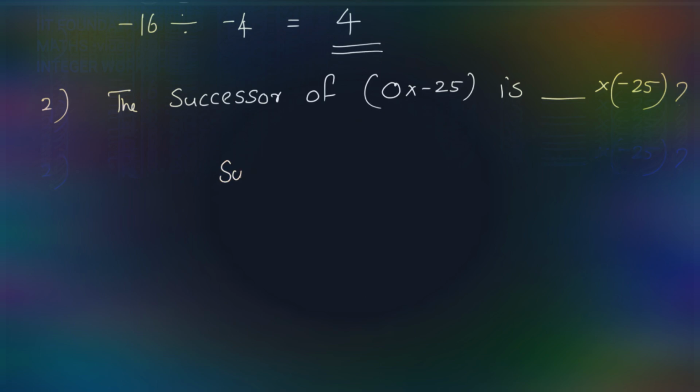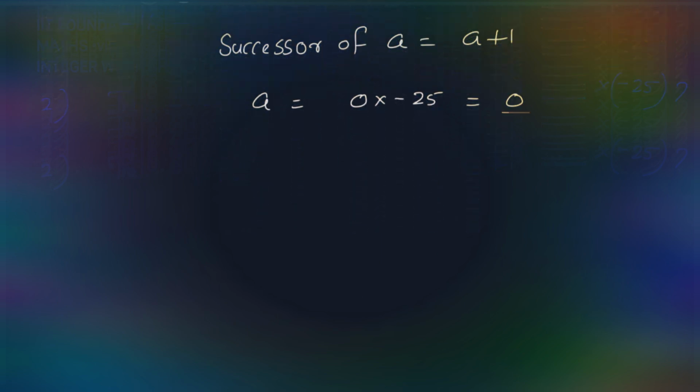That is, the successor of a given integer a is nothing but a plus 1. Here the given integer a equals 0 into negative 25, and it is equal to 0 itself. So the successor is this 0 plus 1, that is equal to 1.